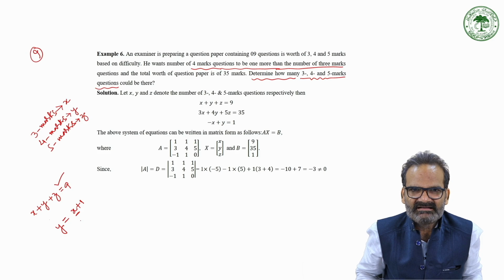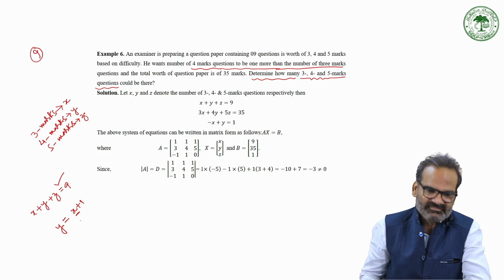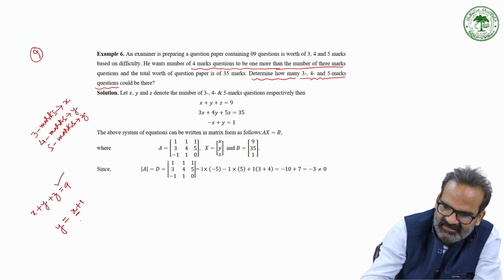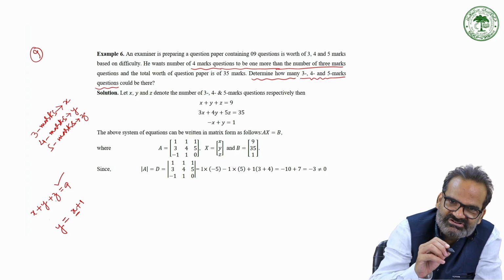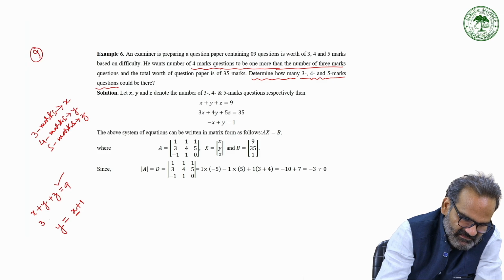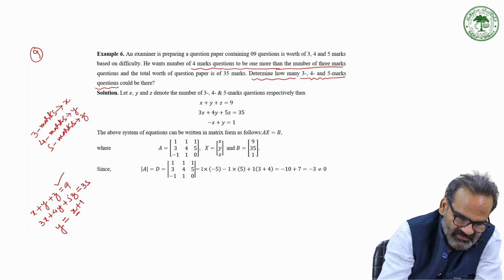And what is third thing is given, and the total worth of question paper is of 35 marks, right? So if x represents the question of 3 marks, so we will get here 3x plus 4y plus 5z, this is equals to 35, right? So these are the three equations.